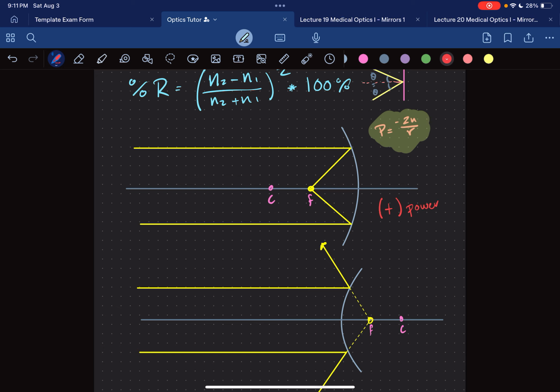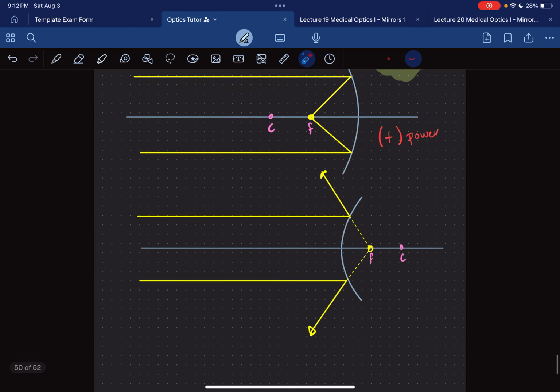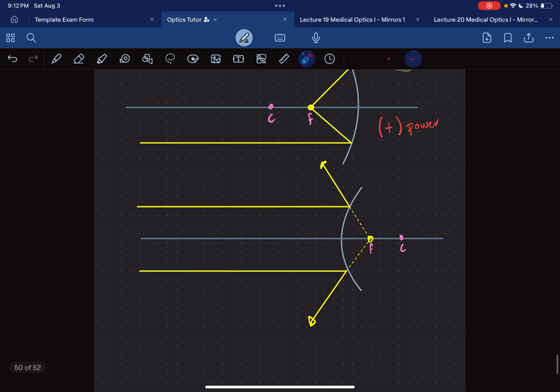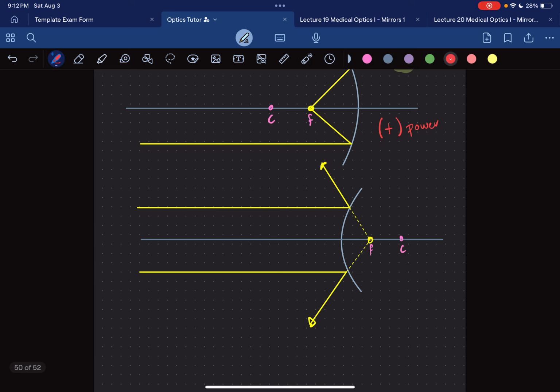When light comes in, it hits the mirror and converges at a given point in front of the mirror, which we'll figure out later depends on where the object's at. And for a diverging mirror, since the light is diverging, we've got a negative power here.